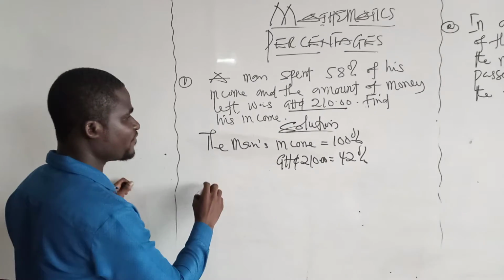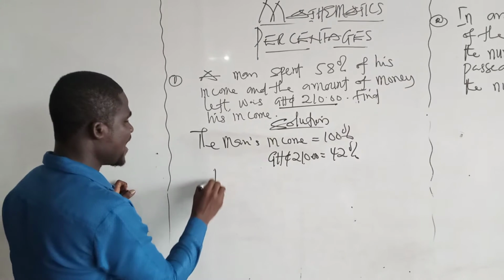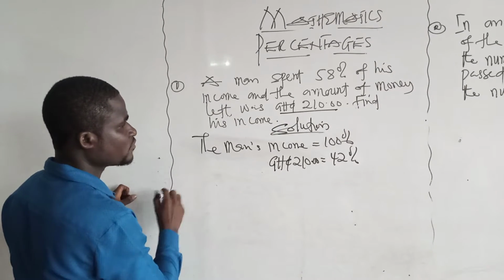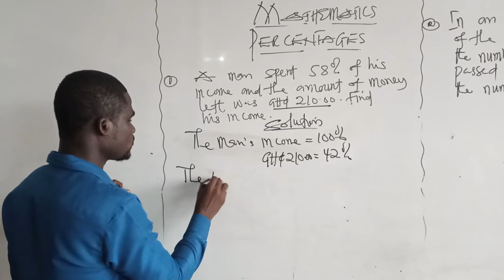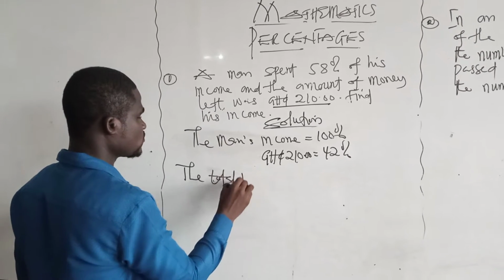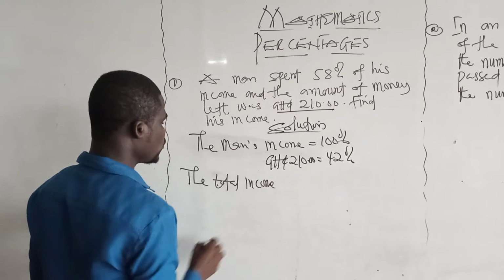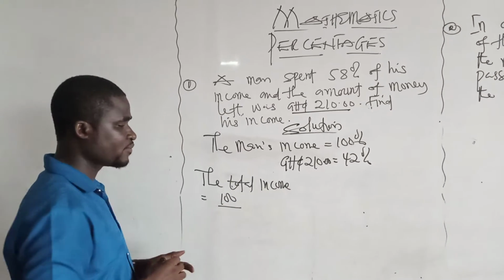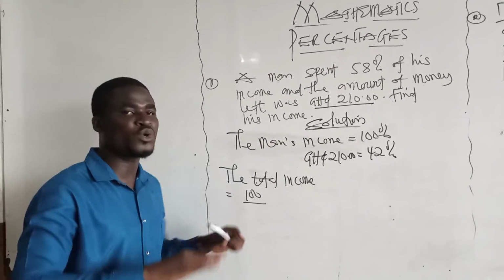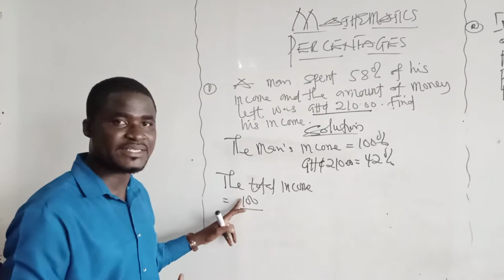So we are going to have 100, the total income is equal to 100 divided by 100 because his total income is equal to 100%.